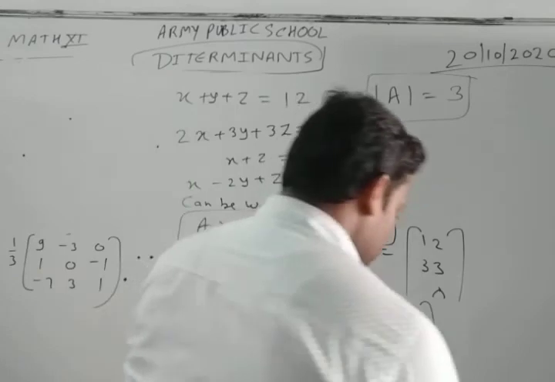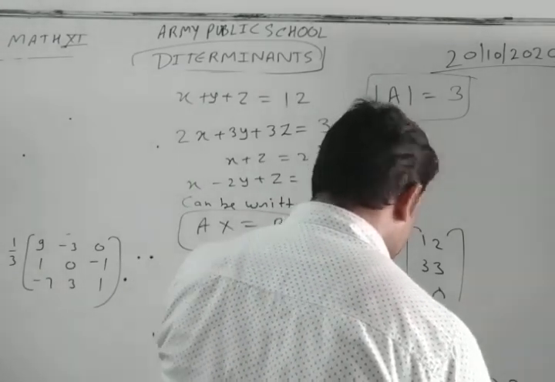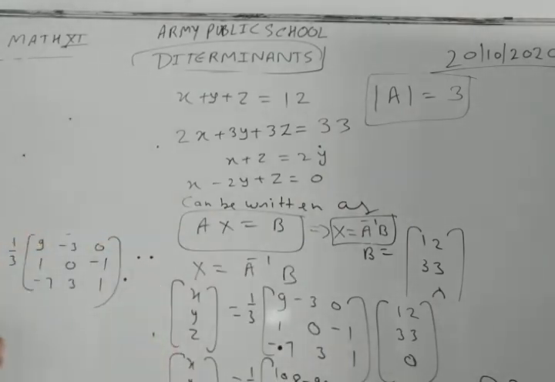Now after dividing by 3, we get 3, 4 and 5. Comparing both, x is 3, y is 4, z is 5.